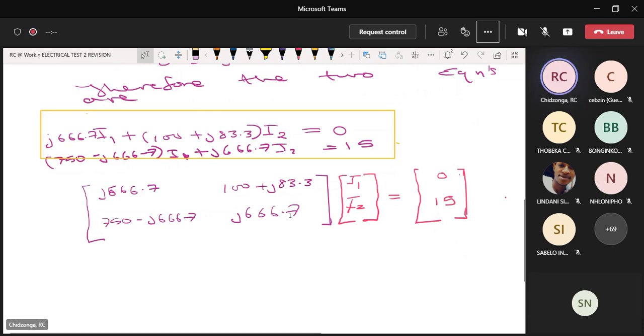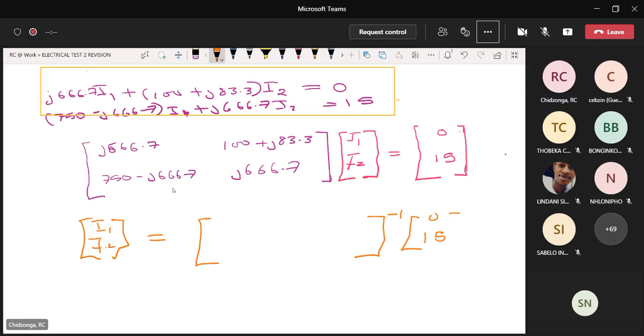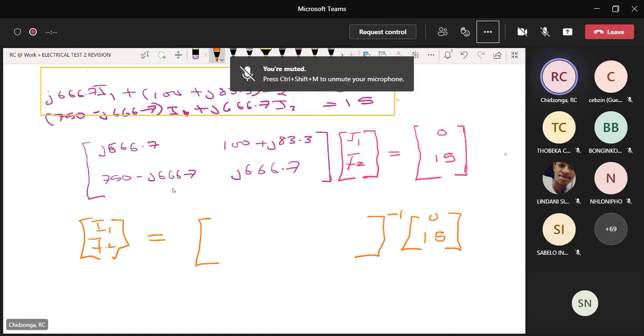Or if you put it in this form, which we have covered in class, then you can easily get the inverse to find I1, I2 will be equal to the inverse times 0, 15, right?